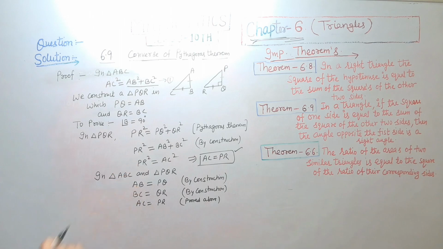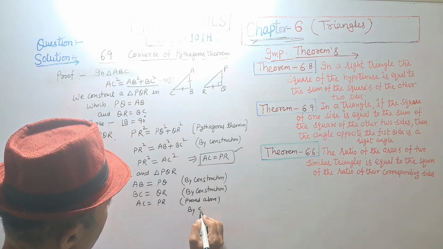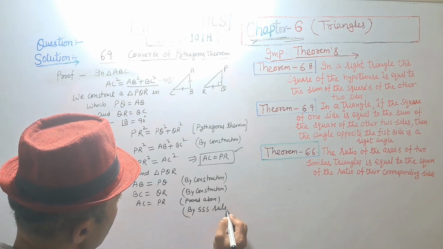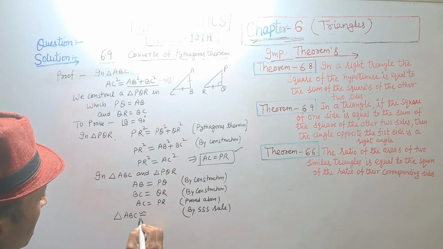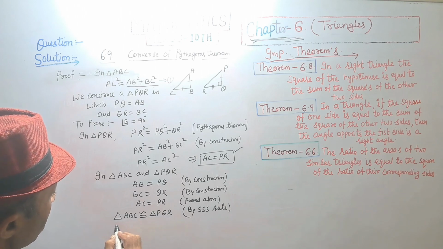By SSS rule, we get triangle ABC is congruent to triangle PQR.